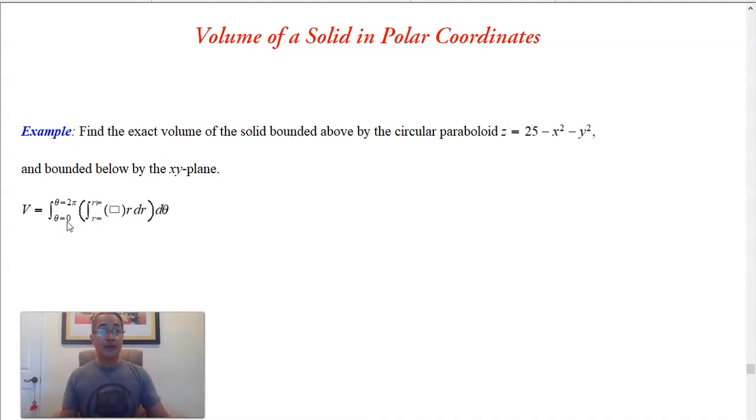And then the radius is 5, so r is going from 0 to 5. All right, so we said that the height is controlled by the z value. So that's 25 minus x squared minus y squared. So of course, we can think of that as 25 minus r squared. Remember that x squared plus y squared is r squared.